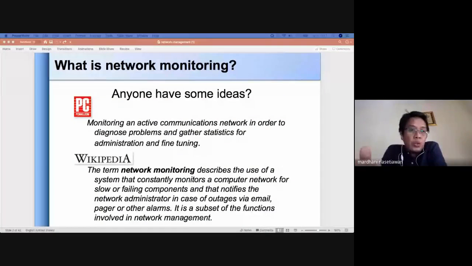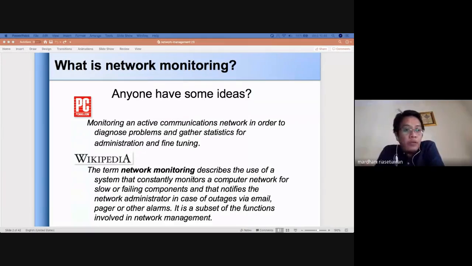We also have another definition of network monitoring, from Wikipedia for example. The term network monitoring describes the use of a system that constantly monitors a computer network for slow or failing components, and that notifies the network administrator in case of outage, maybe via email, pagers, or other alarms.